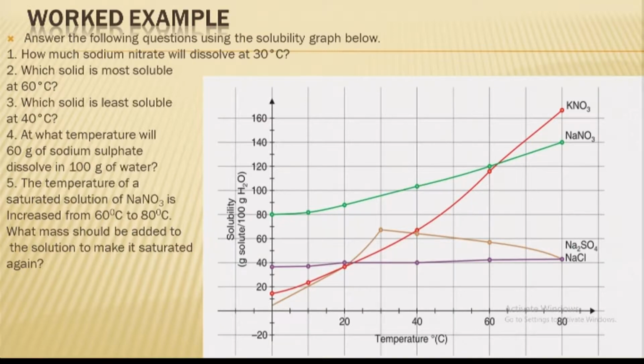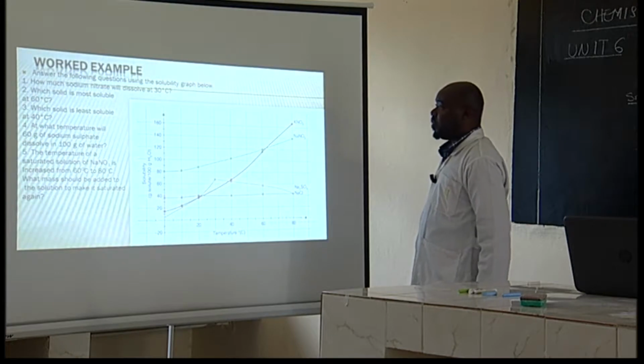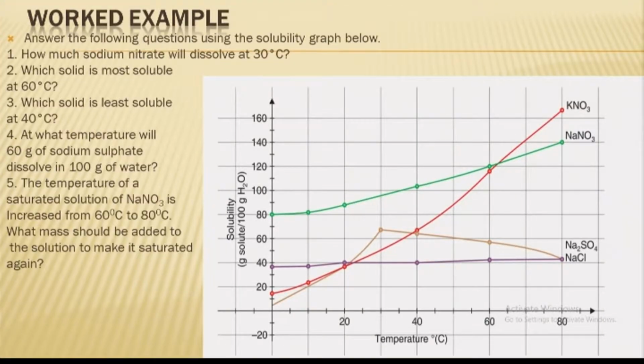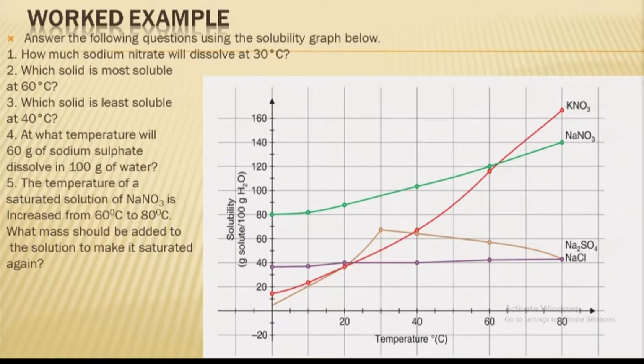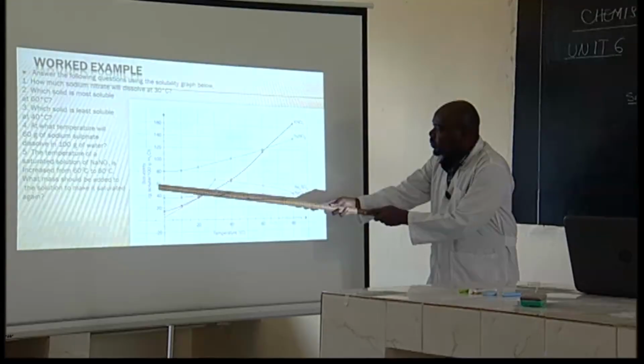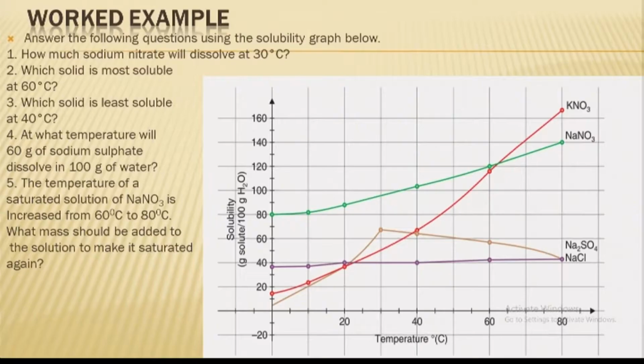Sodium chloride. If we go to the fourth question, at what temperature will 60 grams of sodium sulfate dissolve in 100 grams of water? Sodium sulfate is this one, the orange curve. At what temperature? 60 grams. So we look at the y-axis. 60 grams, they are here.